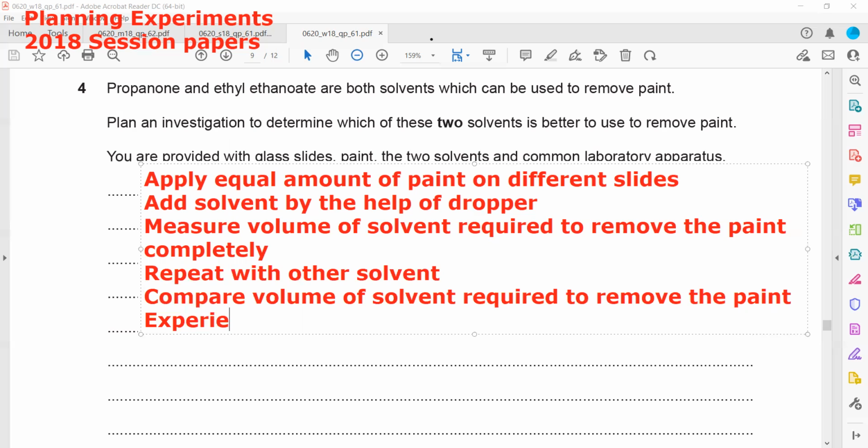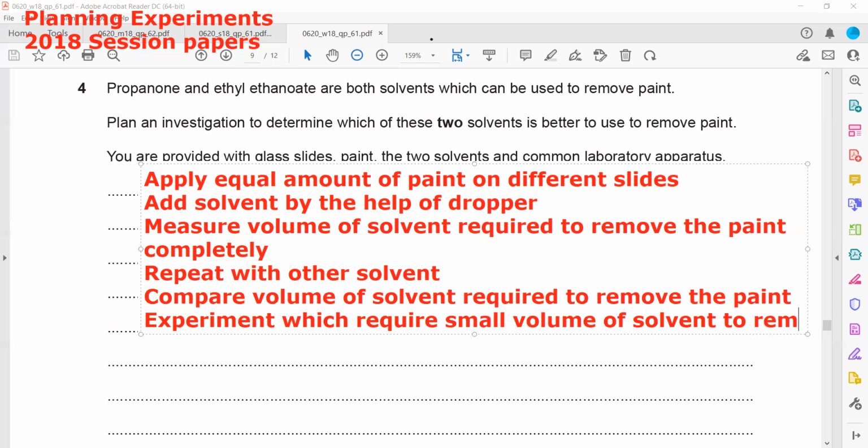The experiment which requires a small quantity or small volume of the solvent to remove the paint is more effective.